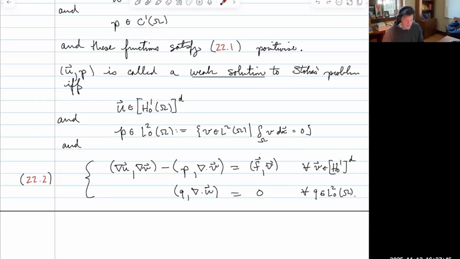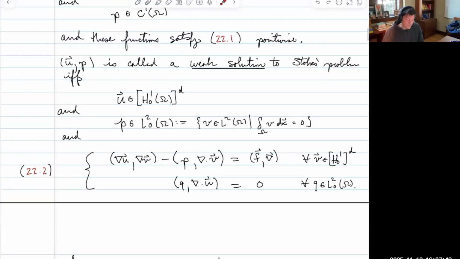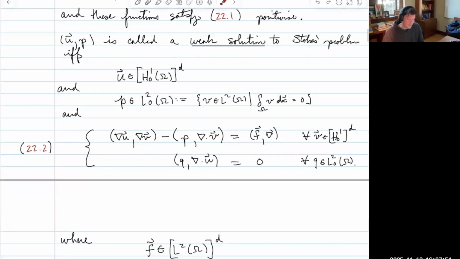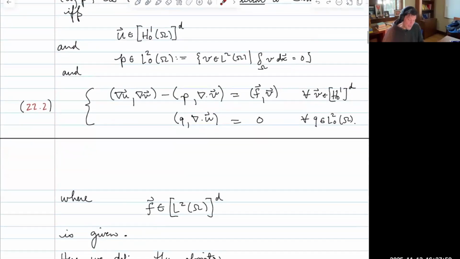It satisfies the equation in the sense of integrations, and that's another nice part about the weak solution: it doesn't have to satisfy the equations pointwise. As we said before, f is a given function, and as usual, we can just assume that it's an L2 function. That's the simplest thing. In fact, each of its components should be an L2 function.